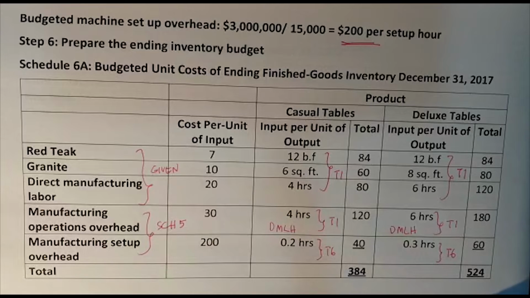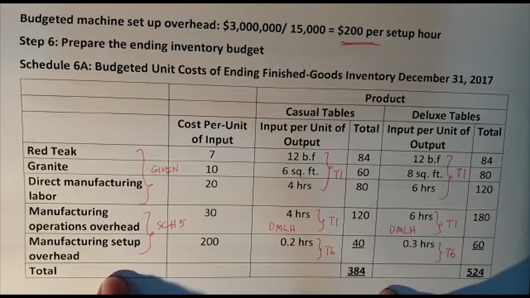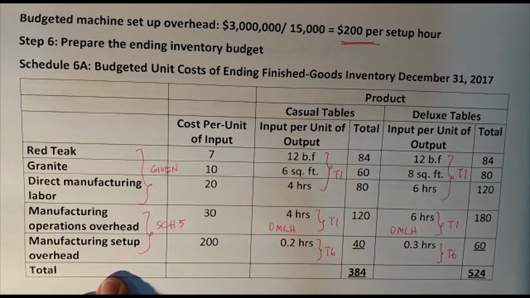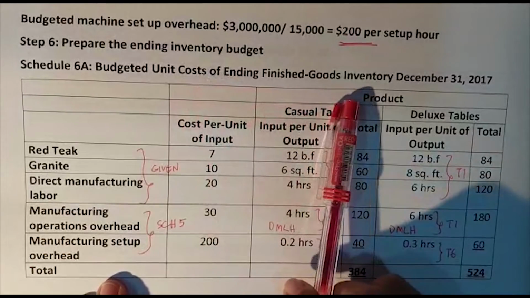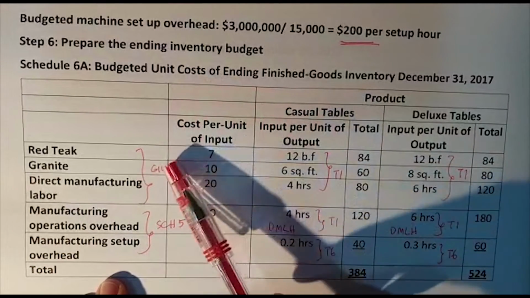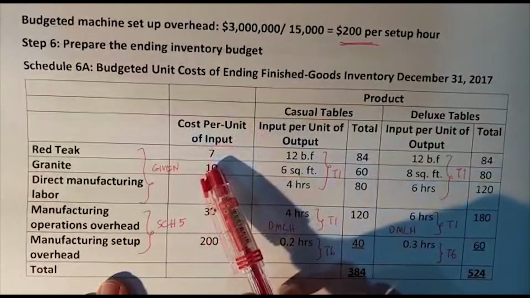Alright, now we are looking at schedule 6.4, the budgeted unit cost of ending finished goods inventory for December 31st, 2017. For us to calculate it, we need to prepare the column for cost per unit of input.